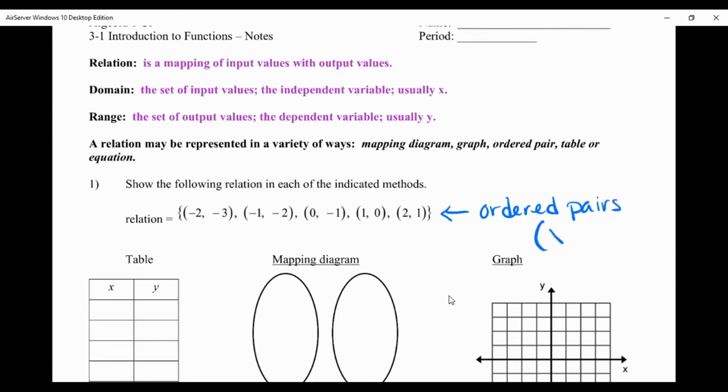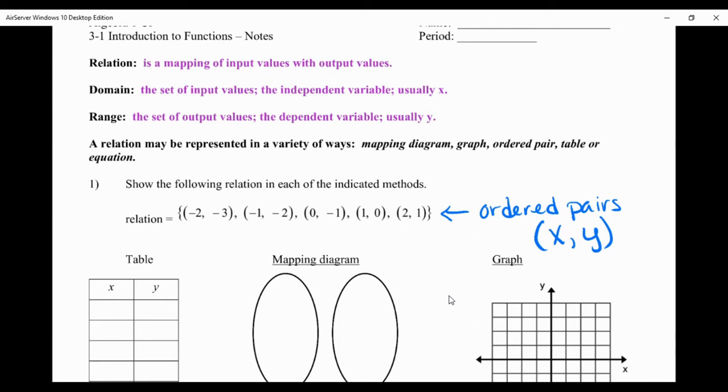And all ordered pairs have the x value first and the y value second. So for example, the point -2, -3: x equals -2, and y equals -3. For the next point, when x equals -1, the y value is -2.